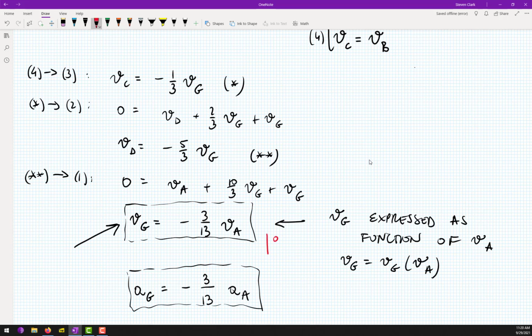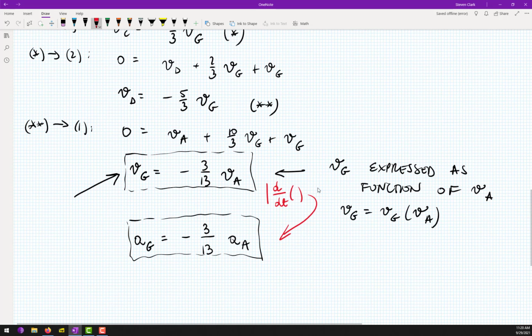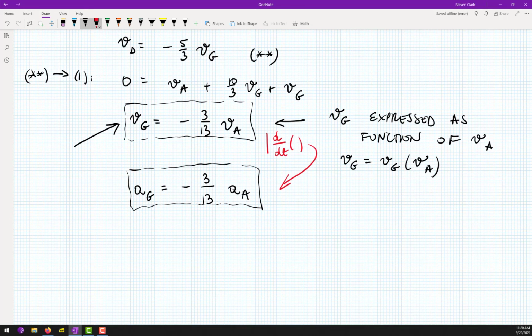Okay, all right. Plug in values. And we have VG equal to minus 3/13 times 3.